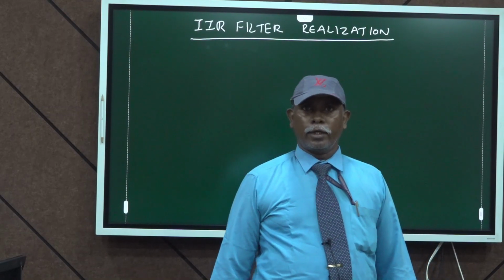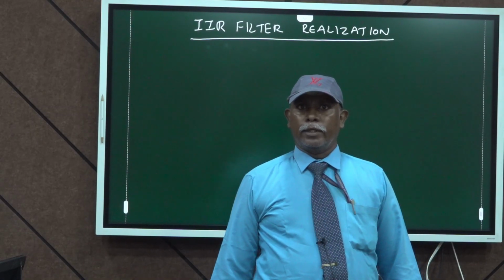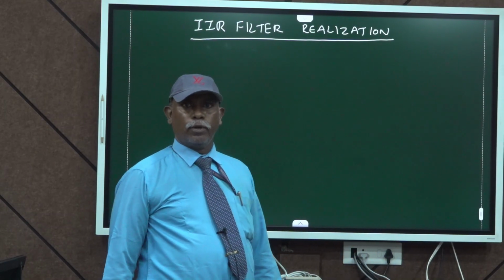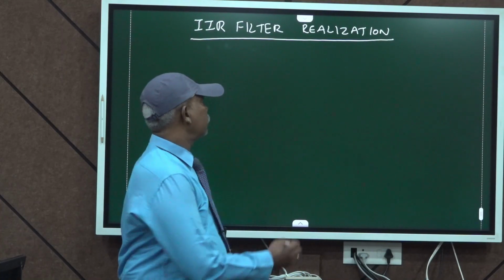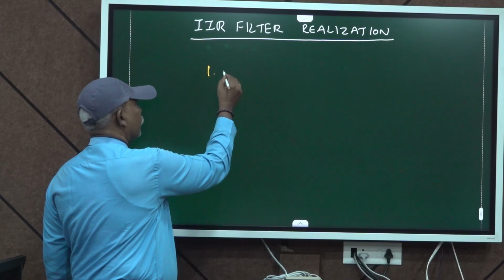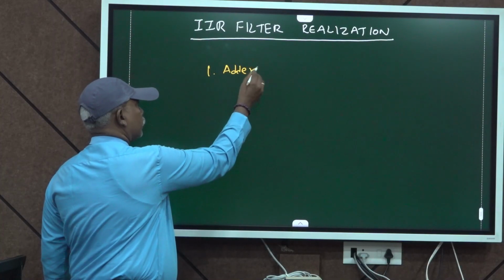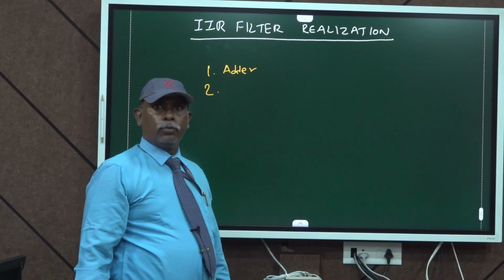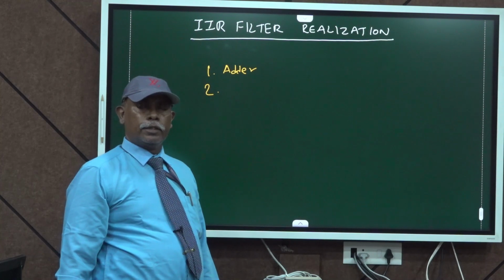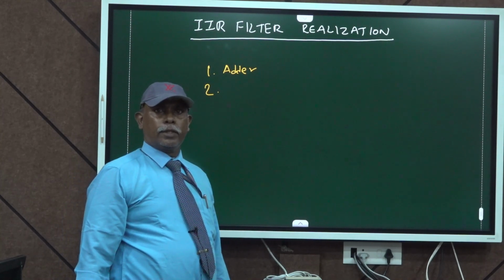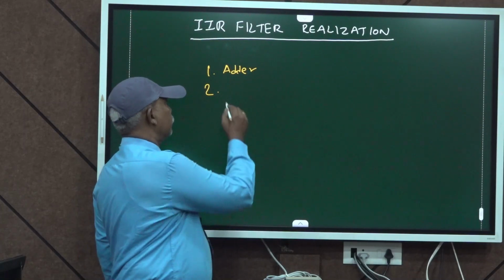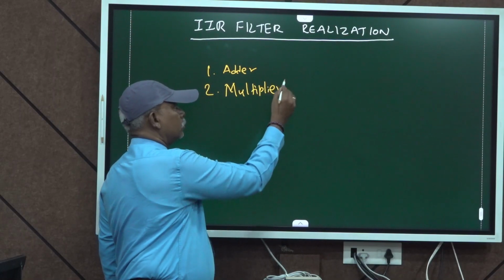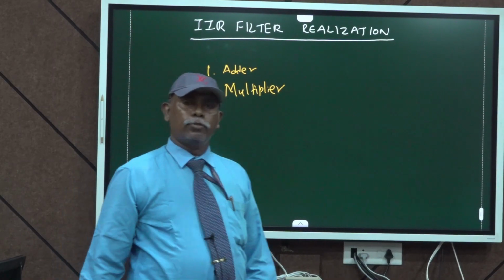Only 3 elements are required for implementing IIR filters. First, I list the 3 elements. One is the adder, because when 2 values come, addition is necessary in the filter operation, and another one is the multiplier, which multiplies the 2 values.